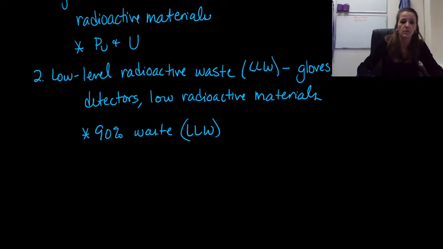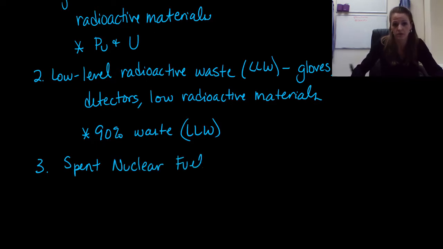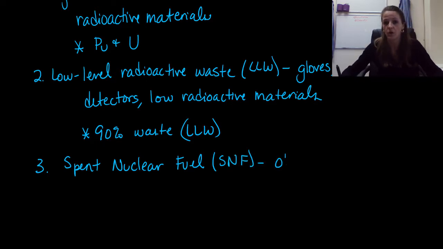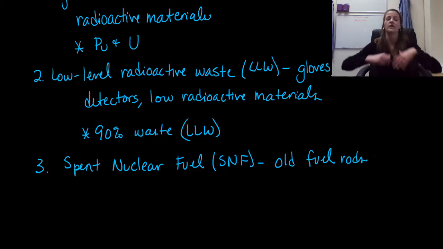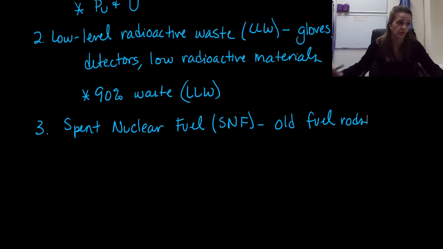And then the third thing we want to talk about is SNF, or spent nuclear fuel. SNF. So basically, these are old fuel rods, or fuel rods that have been in a reactor. They're used up, they're spent, we're done with them, but they still have a lot of issues, and so we have to address them and store them carefully. So let's break this down piece by piece.